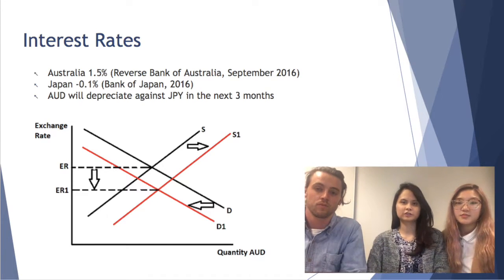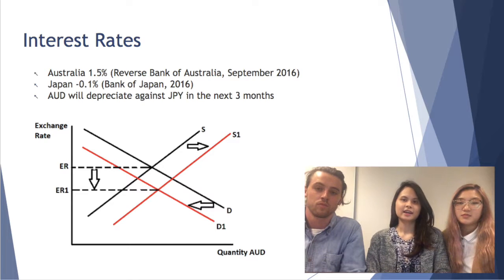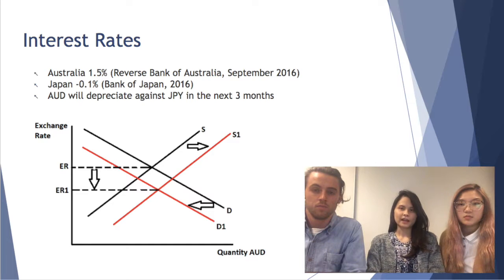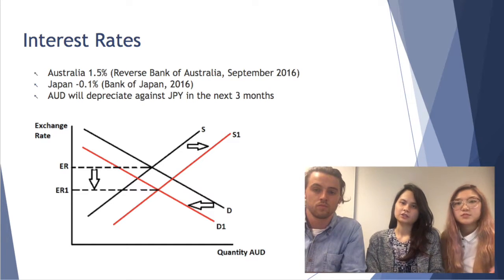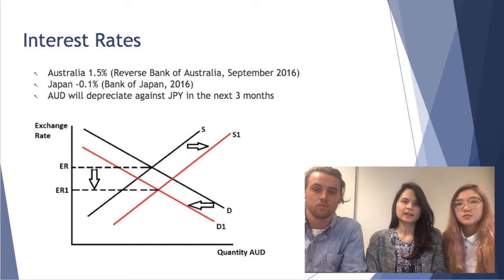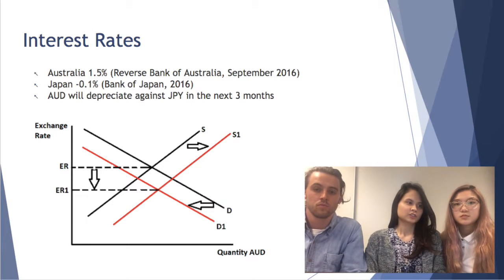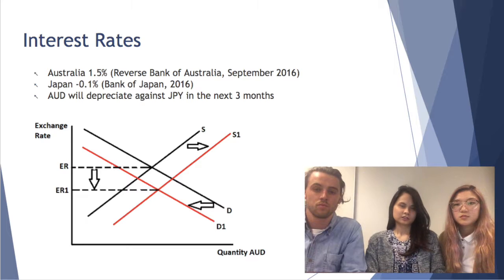Moving on to the interest rate in Australia and Japan. As we have discussed before, the Australian interest rate has remained unchanged at 1.5% in September 2016. However, in Japan, after 5 years of keeping the interest rate at 0%, in early 2016, the Bank of Japan decided to apply a negative interest rate, shifting the interest rate to minus 0.1%.